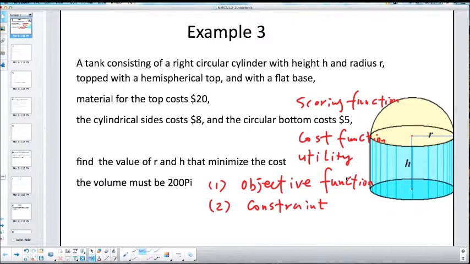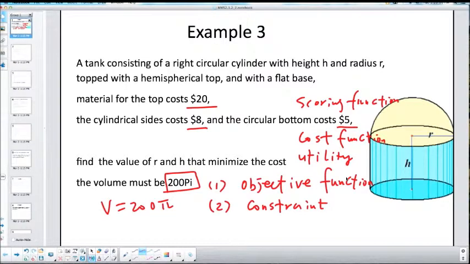The top will cost more, $20 per square feet. And the side, $8 per square feet. The bottom is the cheapest, $5 per square feet. But the constraint is the volume equals 200 pi.